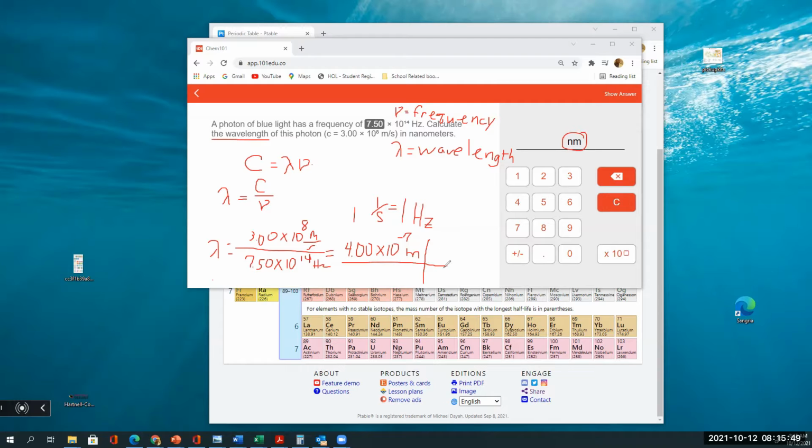I have a question because when I put it into my calculator, I think I did something wrong. Okay, so the way that you want to enter it, let me see if I can pull up a calculator. One second.